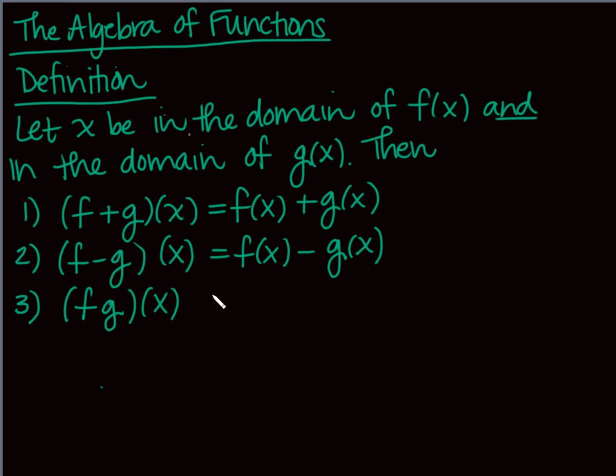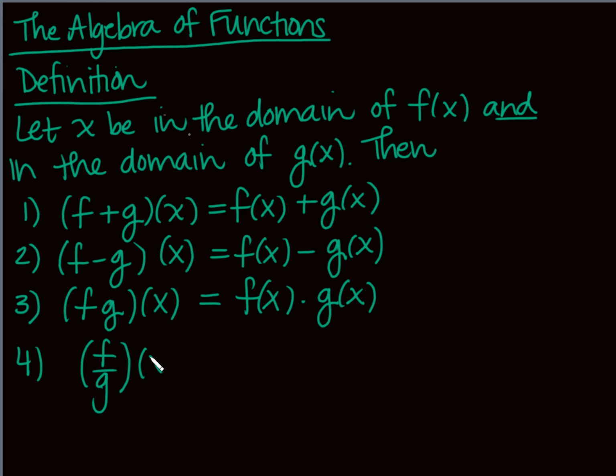fg of x is exactly what you would think. I'm going to find that new function by multiplying the two functions. And then this one, of course, is division. That's my last one. How would I get a new function from two functions? By dividing. I just divide the two functions, provided that. Now, here's where we have to be a little bit careful.